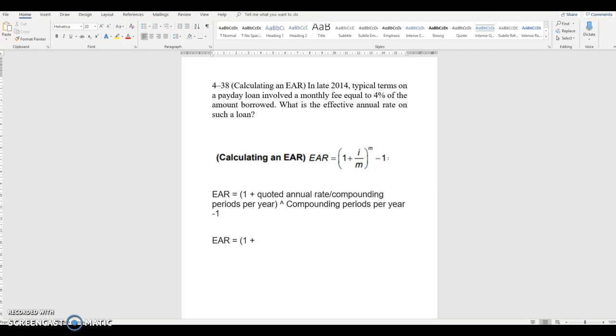We can just substitute in that 4% value. And then we go to the power of 12, which is 12 months in a year, minus 1. Which comes out to 0.601 or 60.1%. So that's the effective annual interest rate for a 4% fee monthly on a loan.